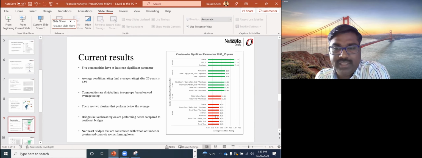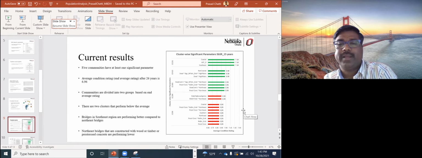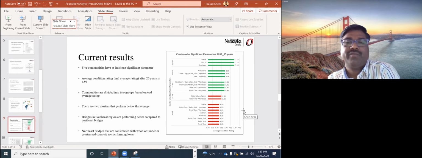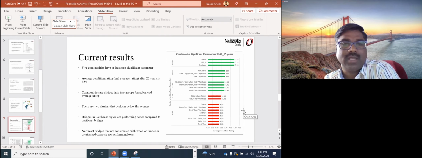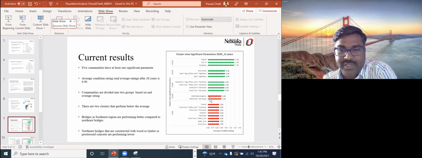After finding them, we divided these 5 candidate clusters into 2 categories: high performing bridges and low performing bridges, or in other words, slowly deteriorating clusters and fastly deteriorating clusters. These red ones, as you see, are below average, and these green ones are above average.